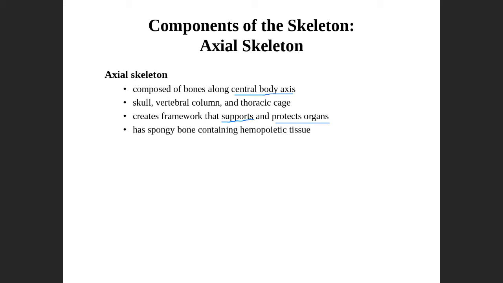And then, as we know, one of the functions of bone is the process of hemopoiesis, which is the formation of the formed blood elements. That includes the red blood cells, the white blood cells, and then our platelets.